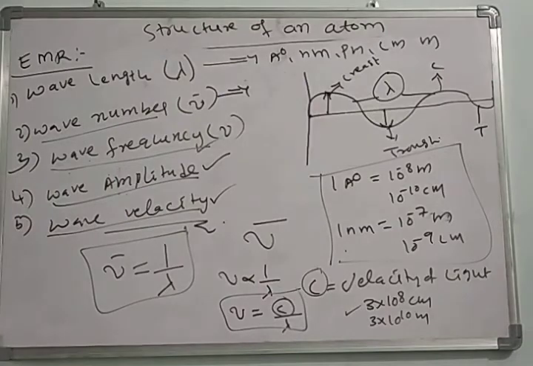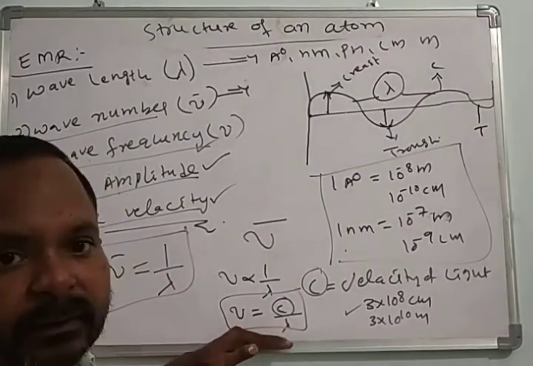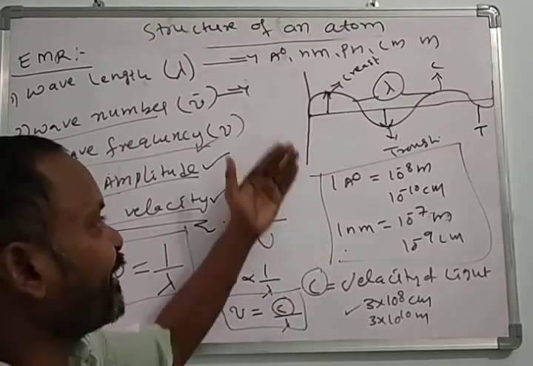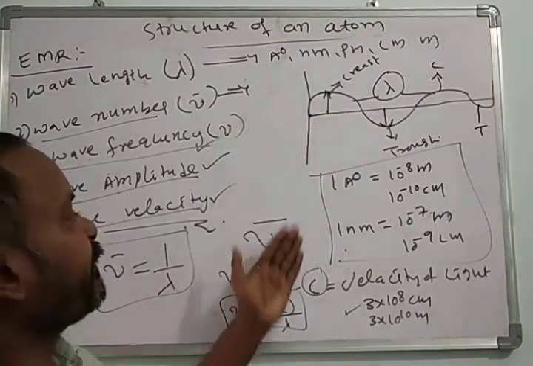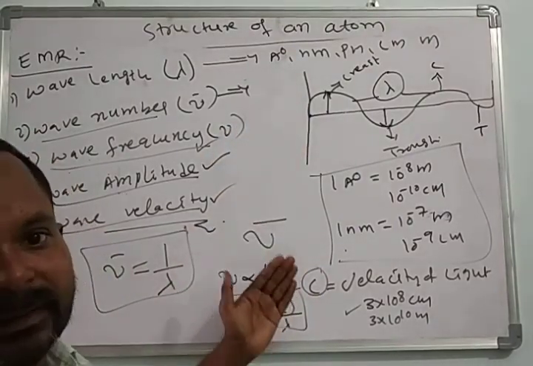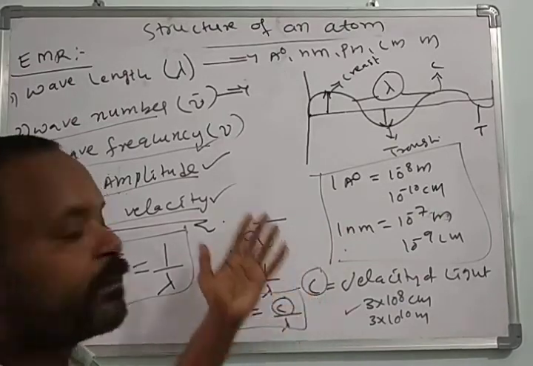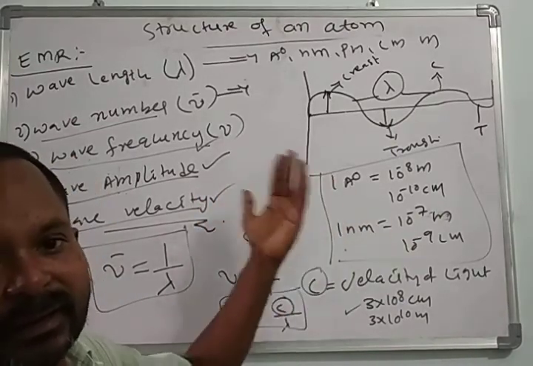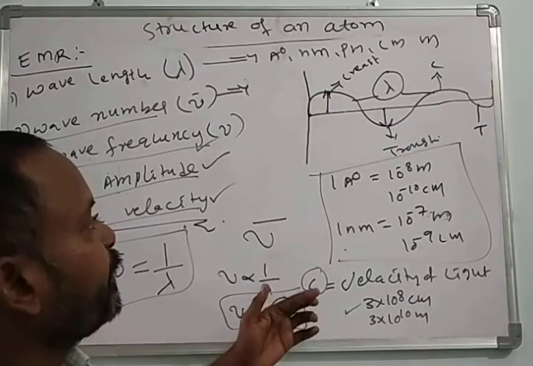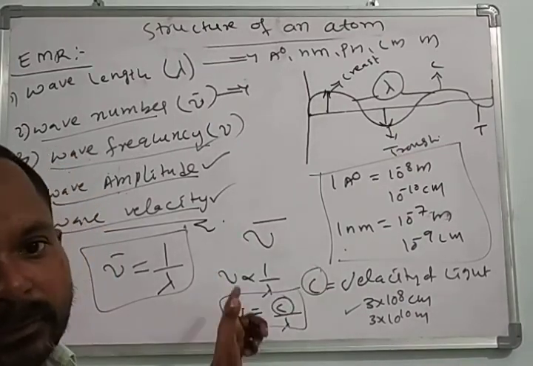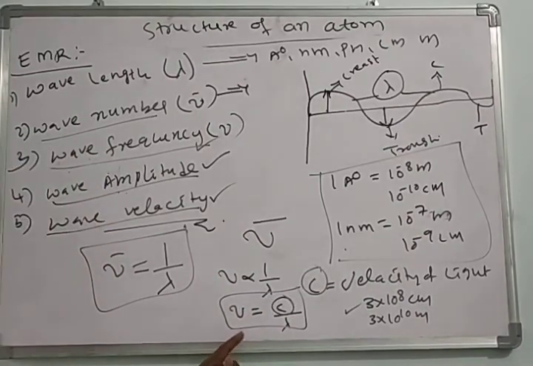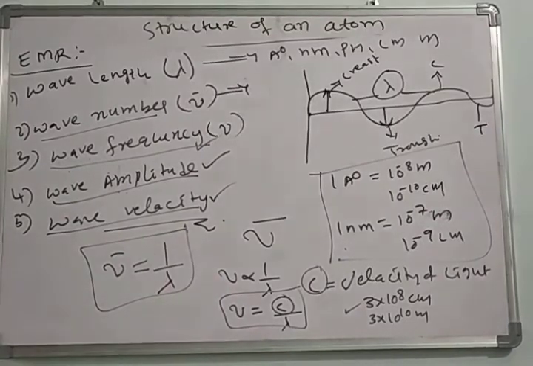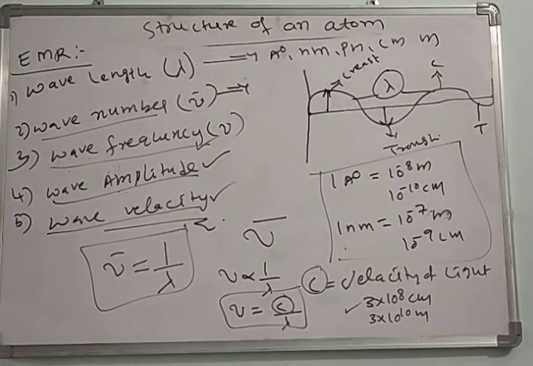And we'll see problems: how to calculate the wavelength and wave frequency of red color, orange color, yellow color or any color. Next video we'll do the problems on frequency, wavelength and wave number. Thank you.